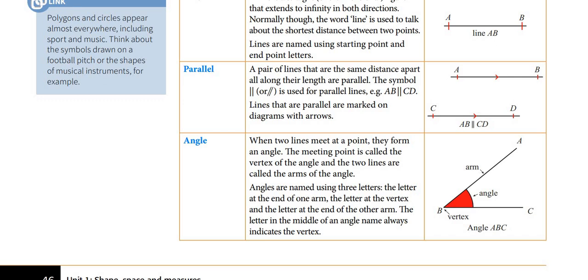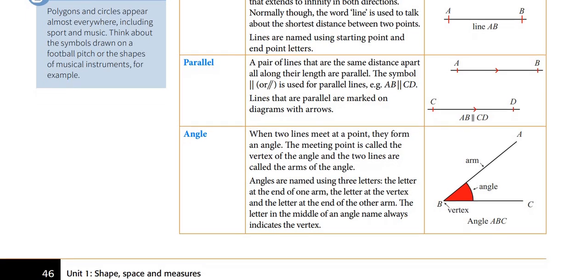First, if you think they're parallel, for example, I think that AB and CD are parallel. But how can I be certain? Because they have this little arrow over here. So when you have two lines that seem parallel and they have this arrow, then those lines are parallel.